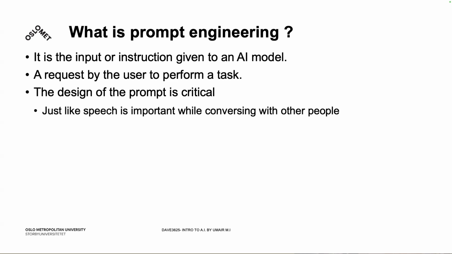That's the same concept we use with AI models. If you cannot explain to an AI model what you want it to do, the model will not be able to fully help you. That's where the design part of prompt engineering comes in: you need to design your prompt or your question in a very good way so you can get the maximum result out of the AI model.